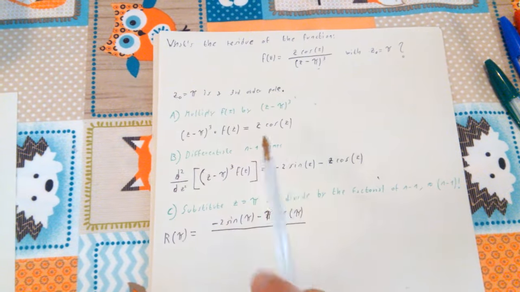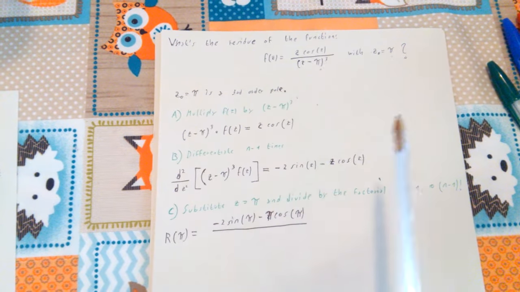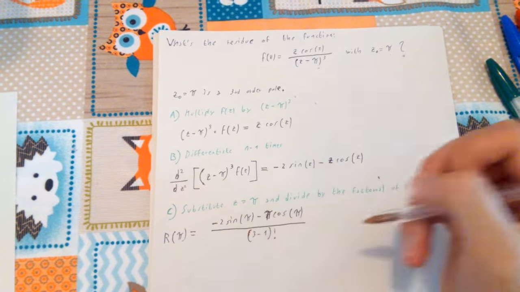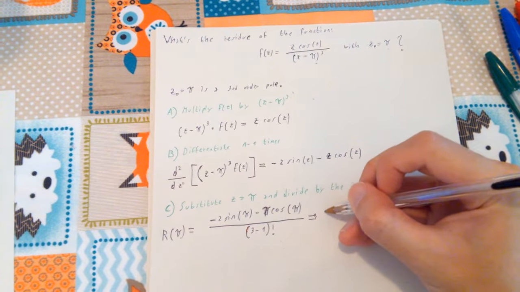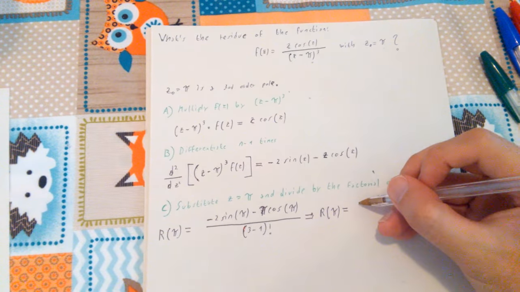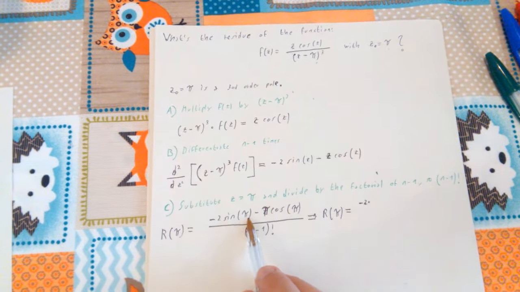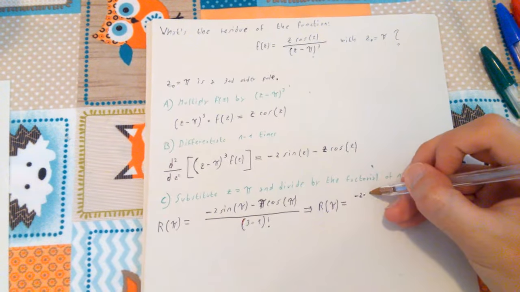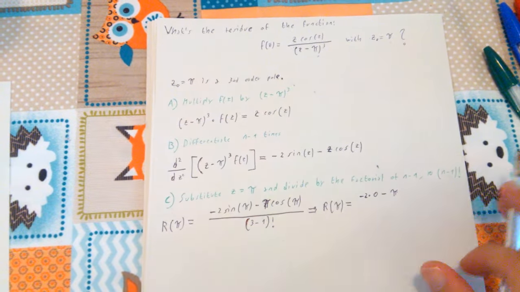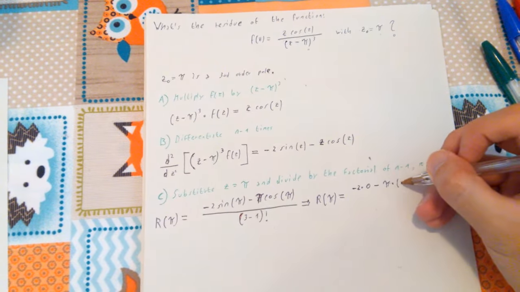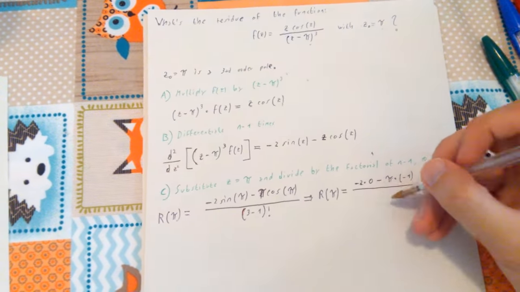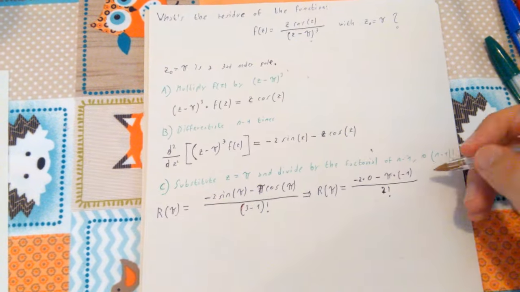So again, third order pole, 3 minus 1 factorial. So the residue at pi is equal to negative 2 times sine of pi, which is 0, minus pi cosine of pi, which is negative 1, so times negative 1, over 3 minus 1 factorial, which is 2 factorial.